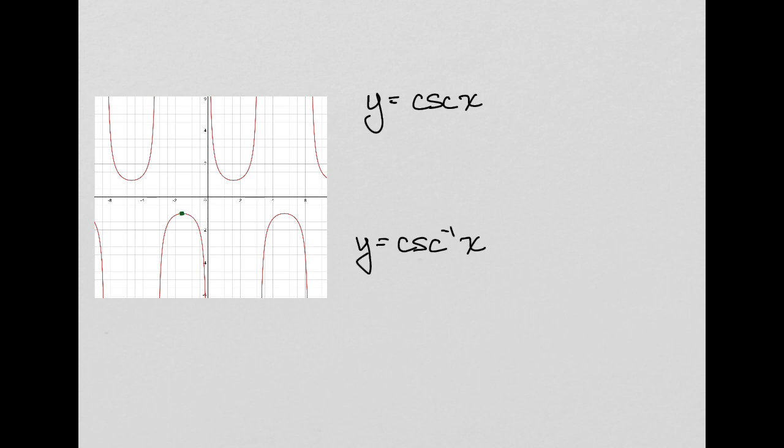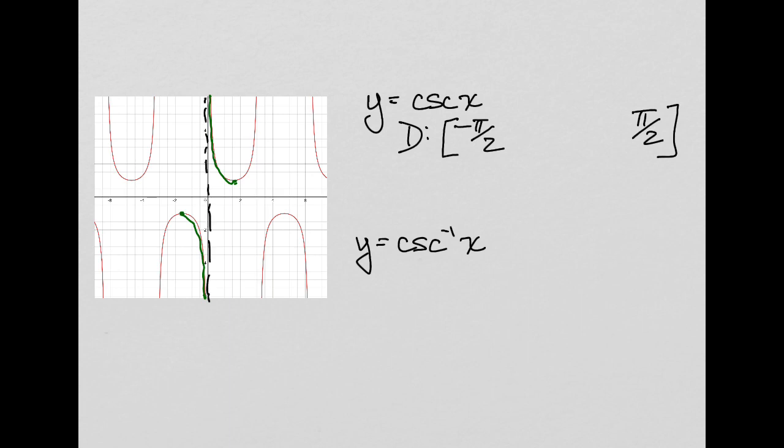If I start at minus pi over 2 and go to plus pi over 2, I get a section of the cosecant function that's one-to-one. I hit every element of the range of the cosecant function one time and only one time. So I'd like to say I can limit the domain of the cosecant function to minus pi over 2 to plus pi over 2, except we do have to be aware of the fact that there's this asymptote, this place in the middle of that domain where the cosecant function isn't defined.